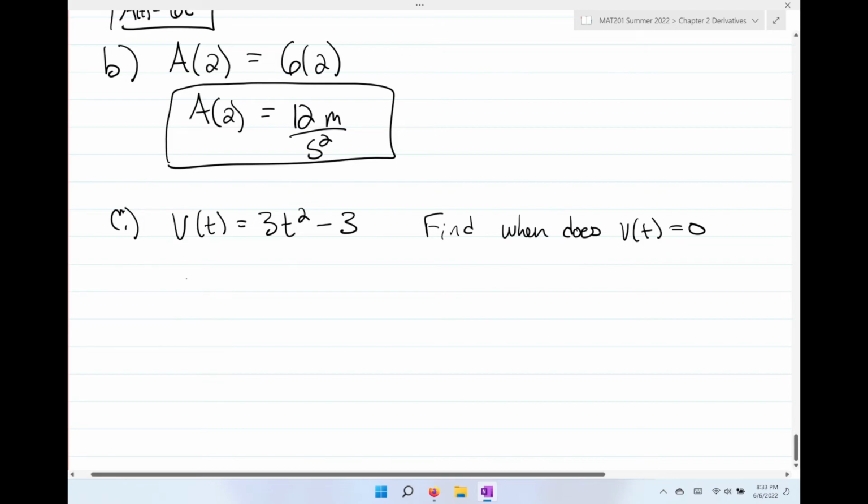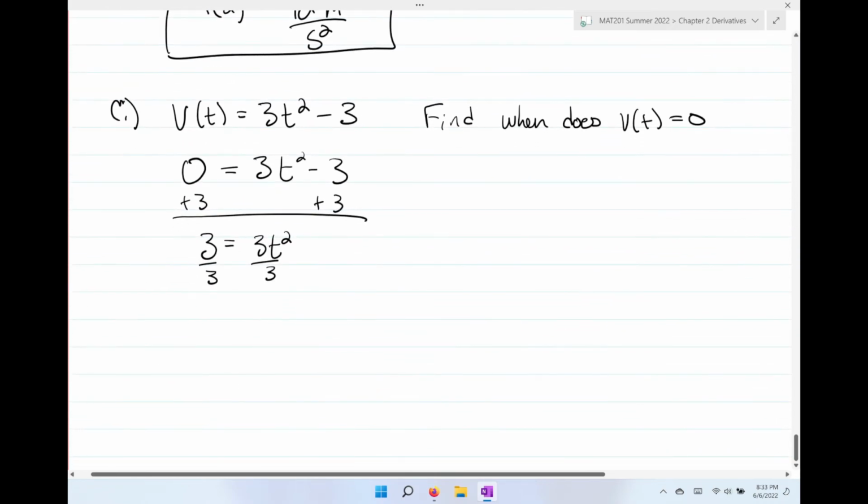So 0 is going to equal 3t to the second minus 3. Then we add 3 to both sides. We get 3 equals 3t to the second. Divide both sides by 3. This is going to give us 1 equals t squared.